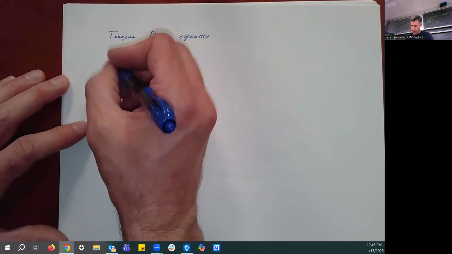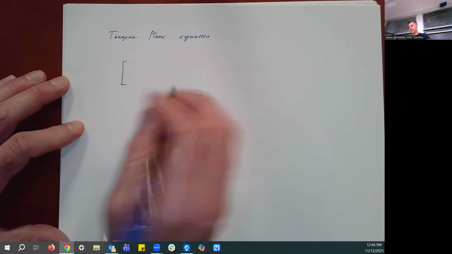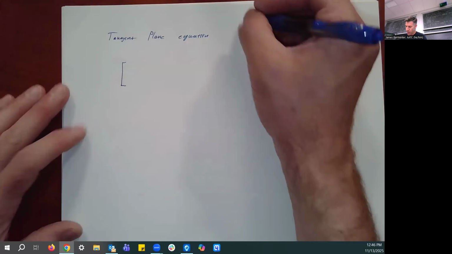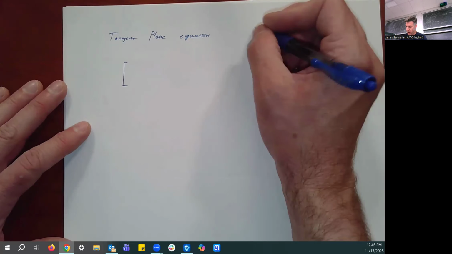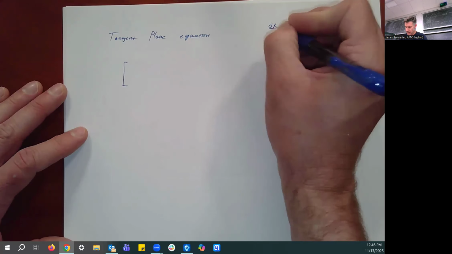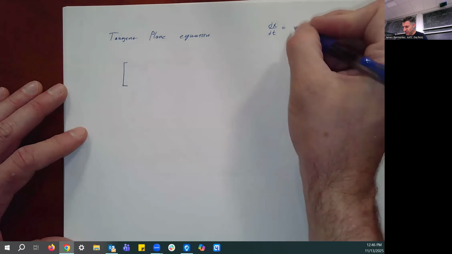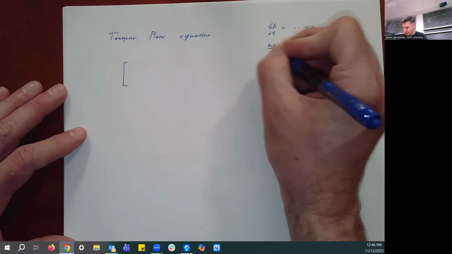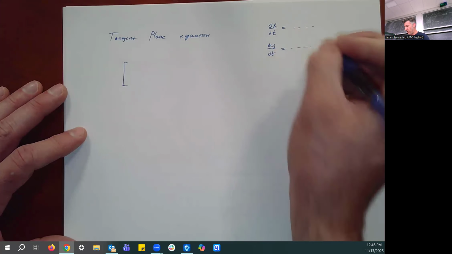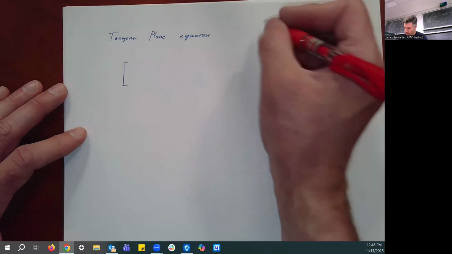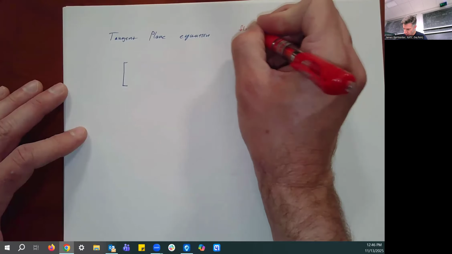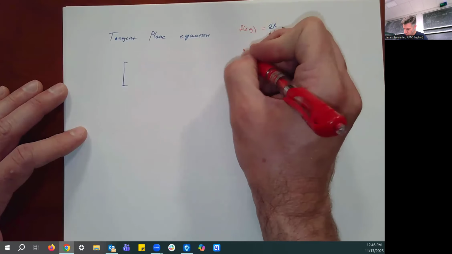So really you have your vector. Let me give a little more context here. We're talking about our usual system of equations where you have dx/dt equal to some stuff, dy/dt equal to some stuff, and then we say that dx/dt is going to be our f of xy, and dy/dt is our g of xy.